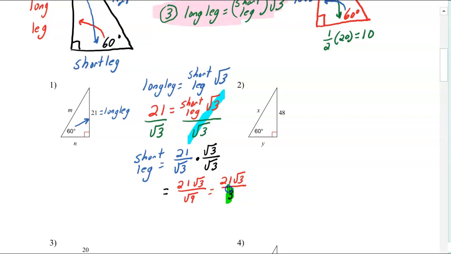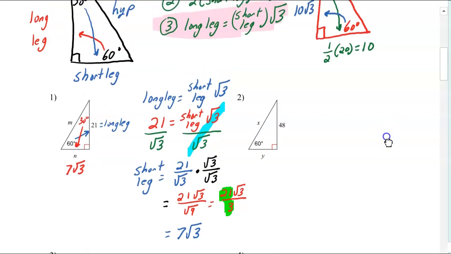And then 3 goes into 21 7 times. So when you simplify this, you get 7 square root of 3. So that tells me the short leg is 7 square root of 3. And remember, the short leg is across from the 30. So n is 7 square root of 3.